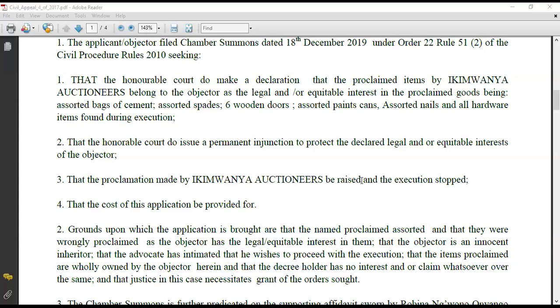It is filed where there is a dispute between two people over a property held by a third party, and the third party does not know who to give it to between the two. So the application is by way of originating summons. So that is what you draft.